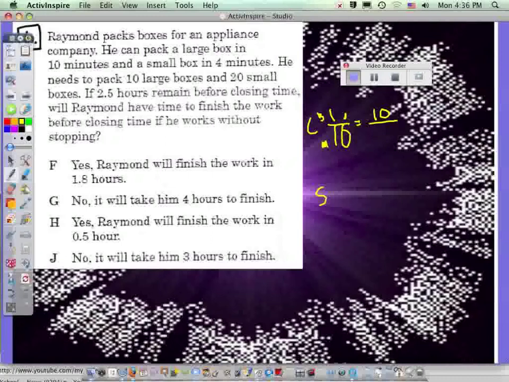How many minutes? Well, that's times 10. That's 100 minutes for the large boxes. For the small boxes, 1 box, 4 minutes. You need 20 boxes. There's my minutes, my boxes. Multiply by 5, multiply by 5.